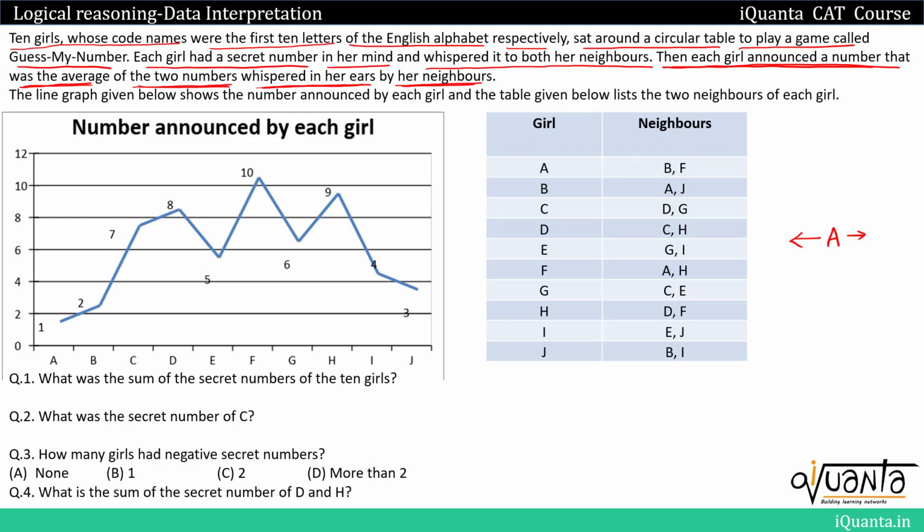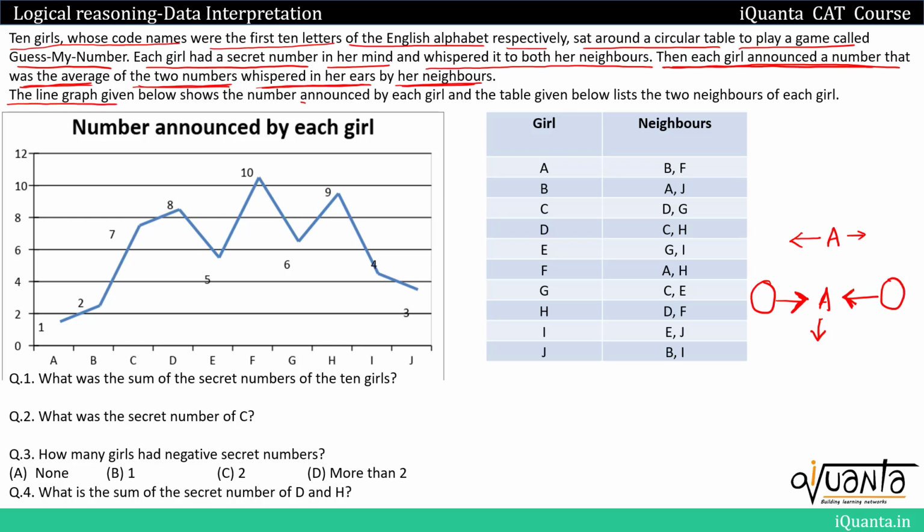So if A is announcing a number, then that number will be the average of the numbers told to A by her neighbors. I hope this much is clear.